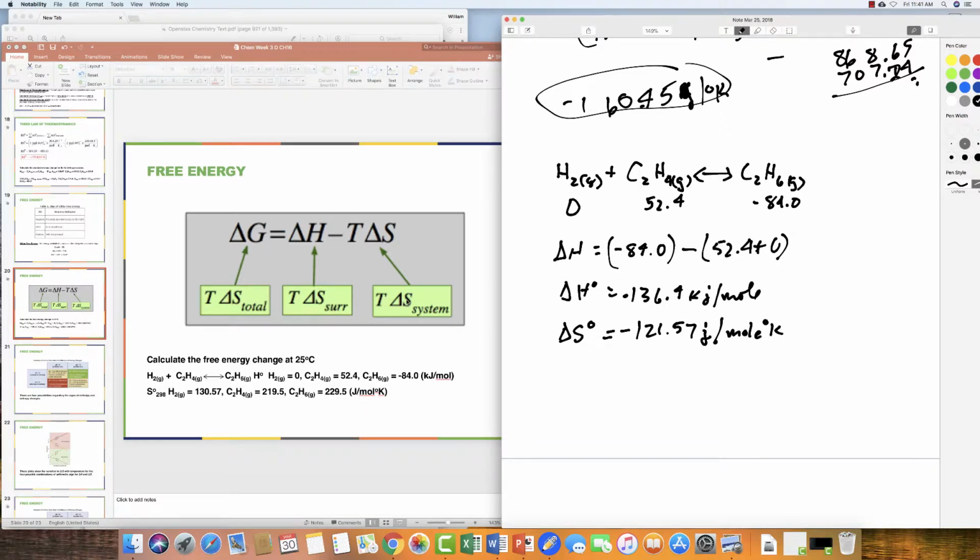Okay, and so the temperature here is 25 degrees, so T is going to be 298.15.